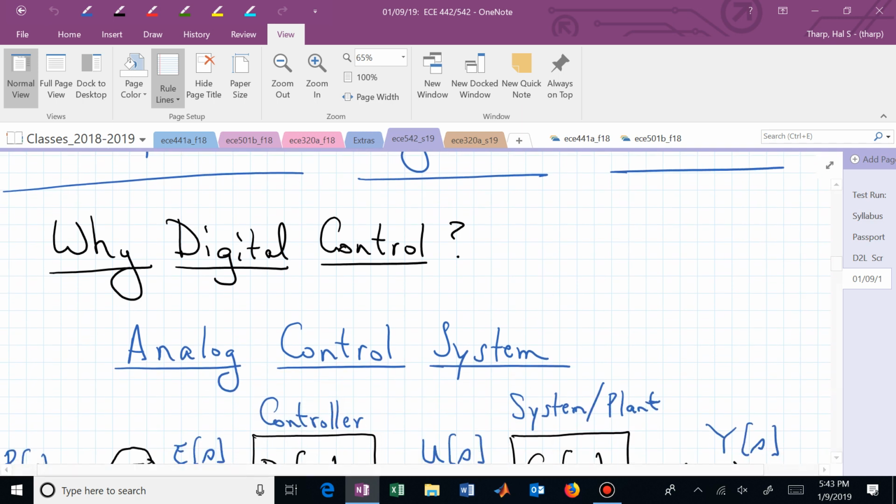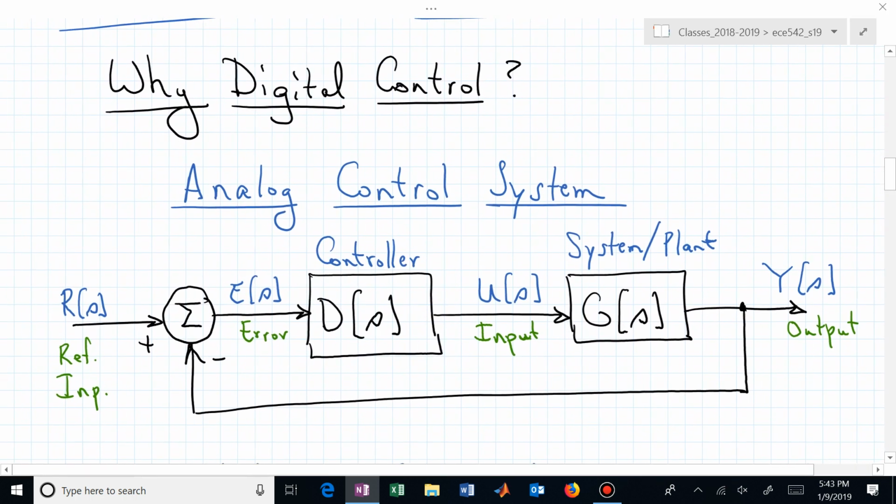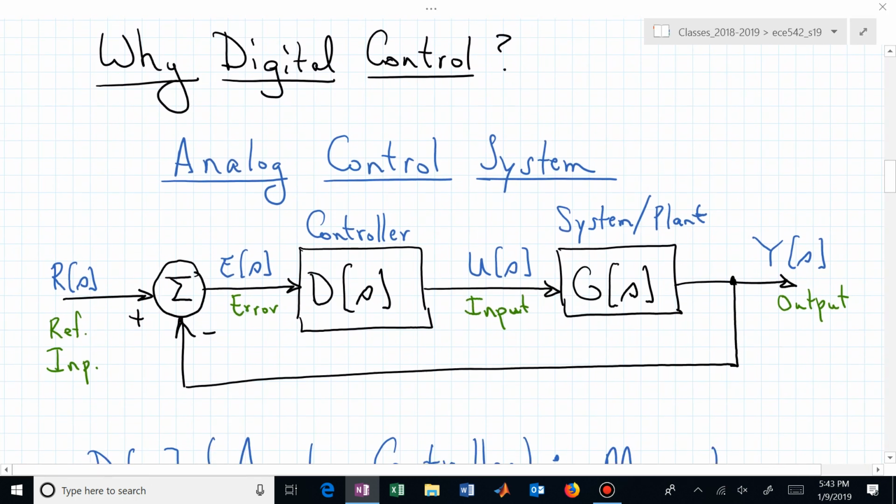Let's then talk about why you might want to take this class. Here's a block diagram you'll be able to do even when you're in the deepest sleep possible this semester: sketching this controller, system, feedback interconnected diagram.